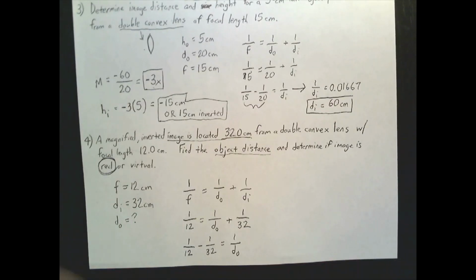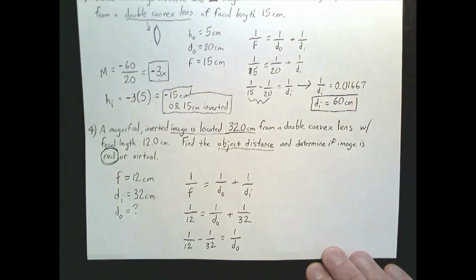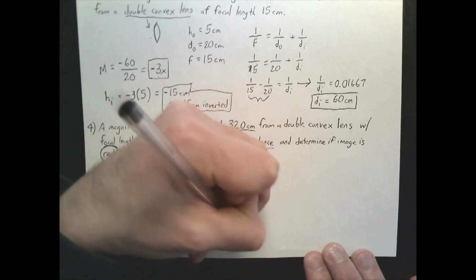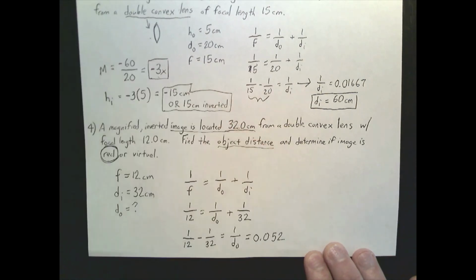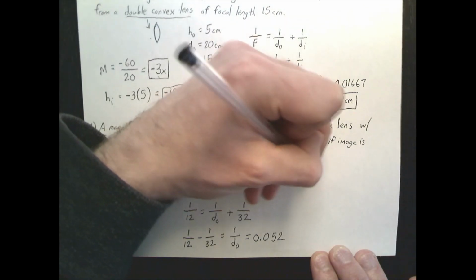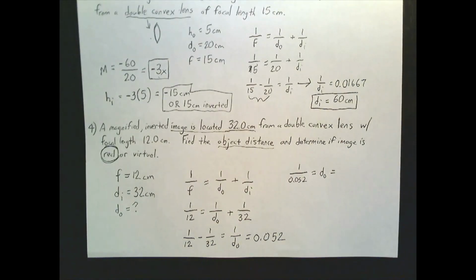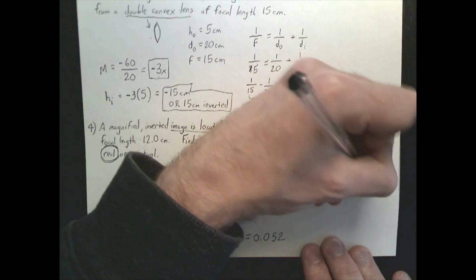We now have 1/12 minus 1/32, and we plug that number into the calculator to get 0.052. We still got to flip it, so 1 over that value is equal to dO, the thing that we want, and we get a value of 19.19 centimeters.